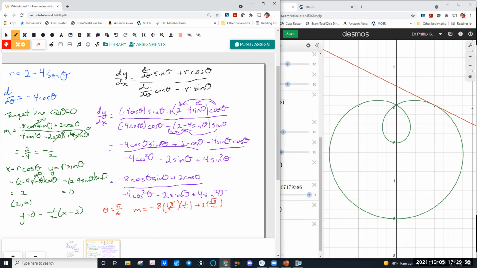And I want to show you why this is better than using decimals, in my opinion. -4, we already said cosine is rad 3 over 2, just getting squared now. -2 times 1/2. Look at all the canceling that's going to happen. Plus 4 times 1/2 squared.